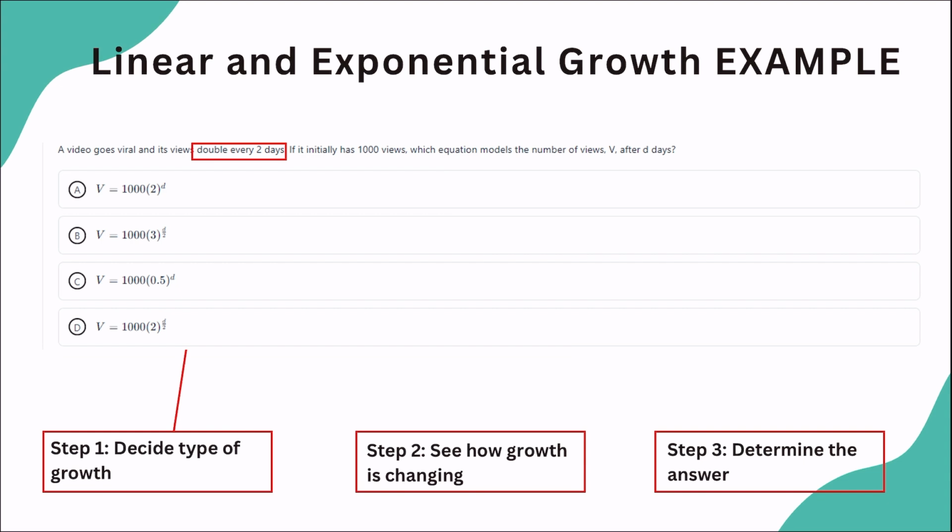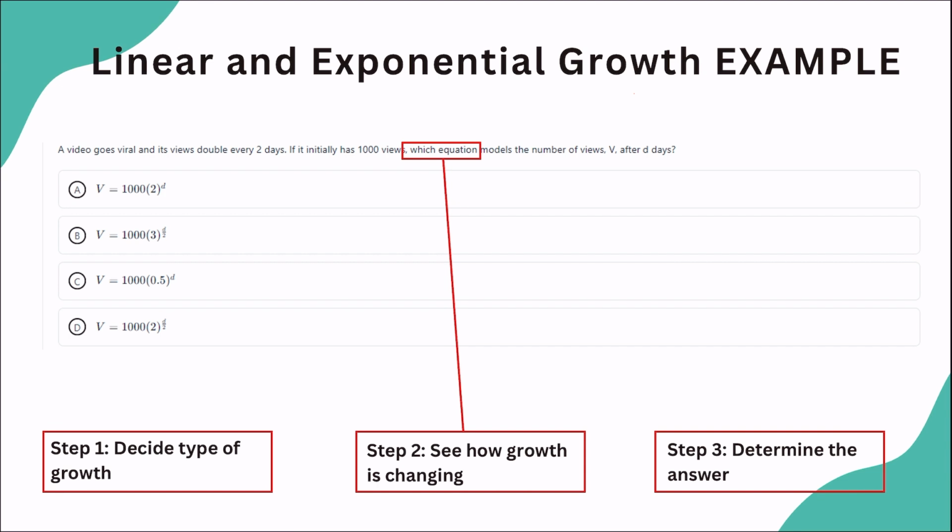All of these options are actually showing us exponential growth, and so we know it's not linear, but let's figure out which one it is. And so we're seeing how the growth is changing, and we're looking for the equation that's going to double it every 2 days.